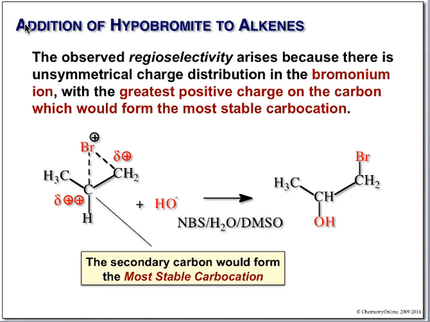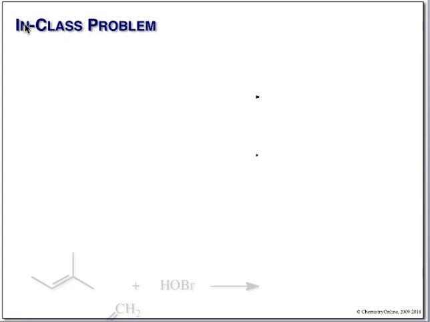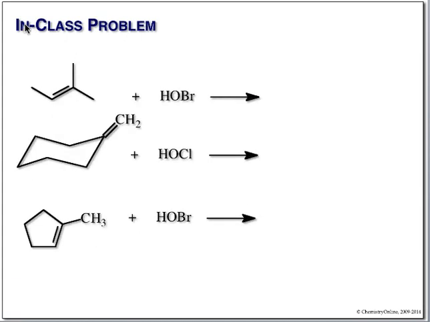So once again, saving space in your brain. This is just like our bromine addition, except we add OH minus. Let's do some. Step 1, you look at it and you say to yourself, which of these is the most stable carbocation center?